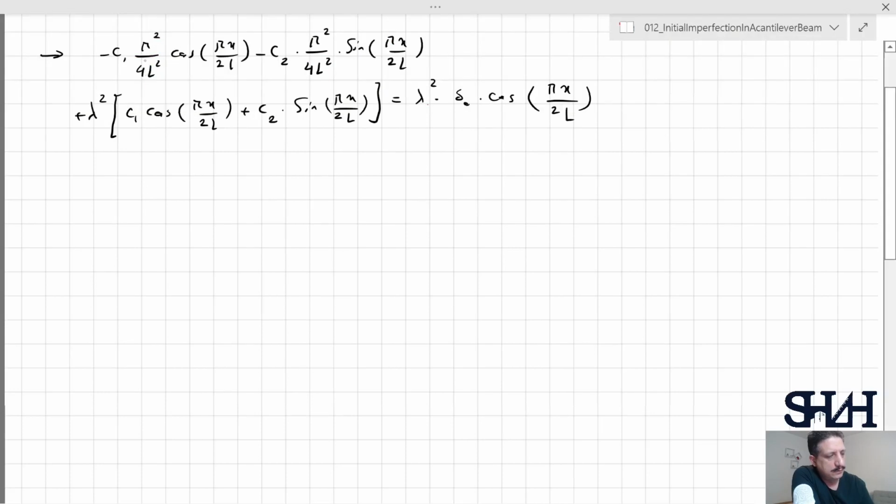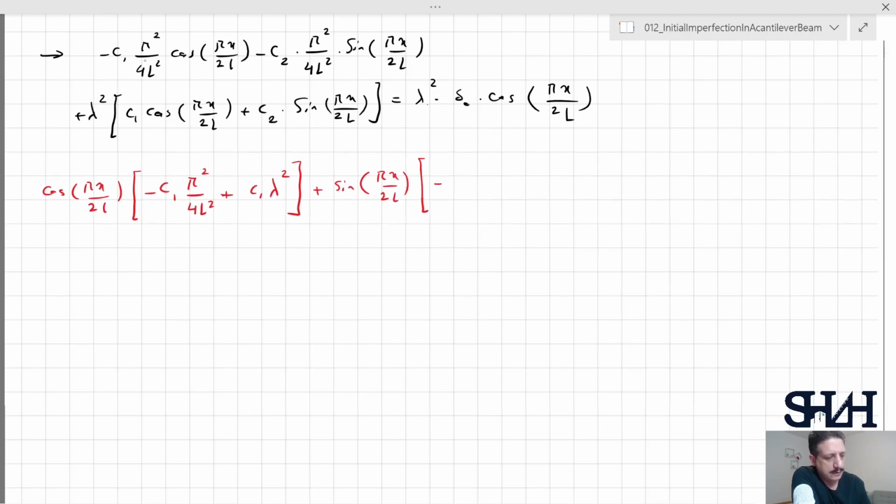Now I can factor cosinus pi x over 2l times minus c1 pi square divided by 4l square plus c1 lambda square, plus sinus pi x over 2l times minus c2 pi square over 4l square plus c2 lambda square, equals lambda square delta 0 cosinus pi x over 2l.